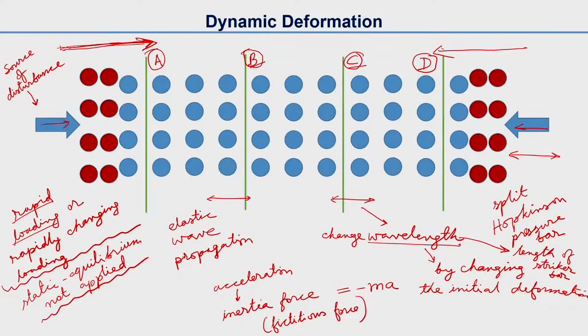So basically we will see that it is probably twice the length of the striker bar. The wavelength of the elastic wave in a split Hopkinson pressure bar experiment is twice the length of the striker bar. The striker bar is the projectile.